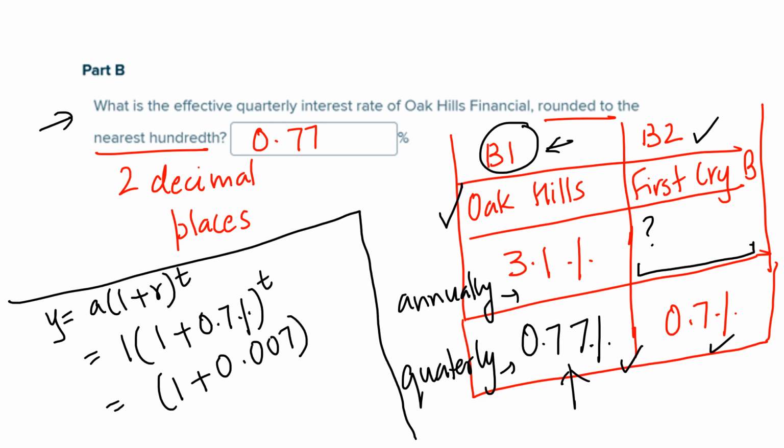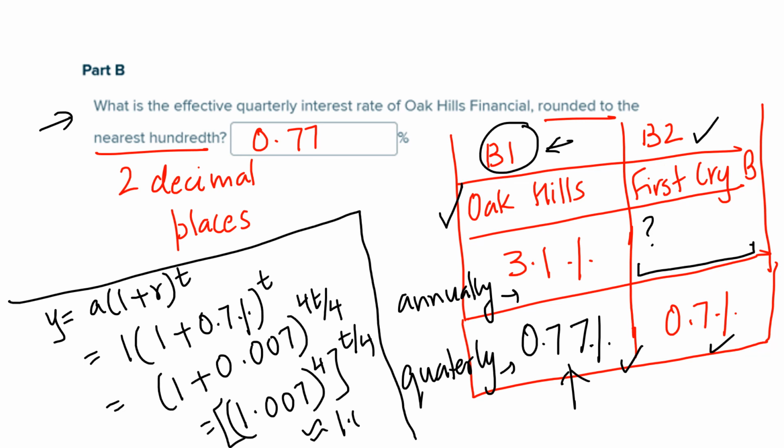And before I proceed further, I'm just adding the same step here. So this is 1.007, but this time because we are going from quarterly to annually, we will take the power of 4 inside and outside will be t by 4. So roughly this comes out to be 1.028.